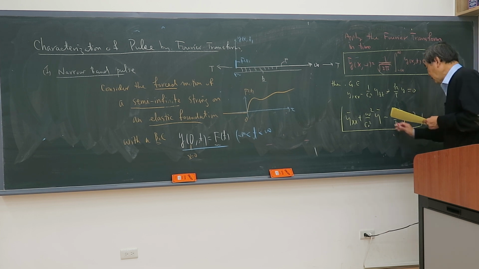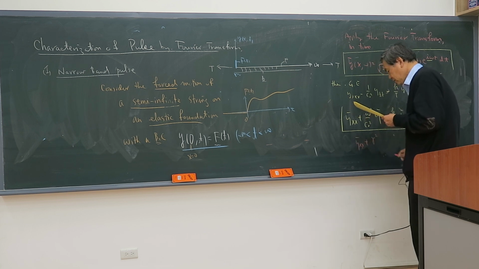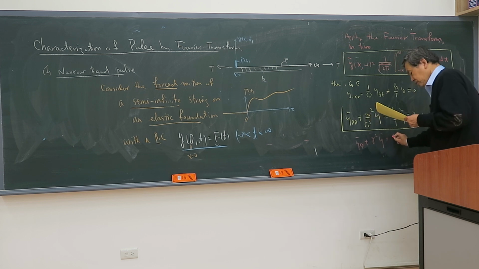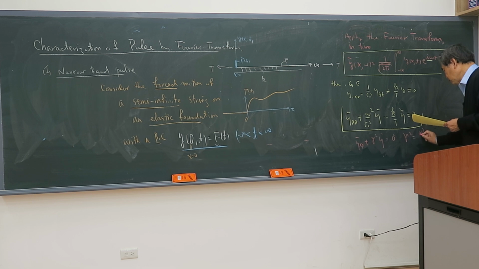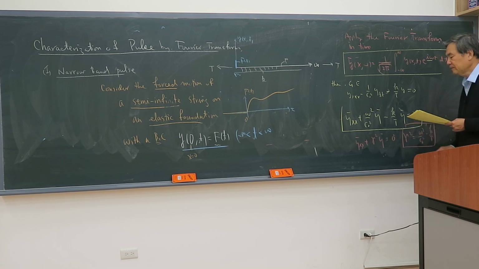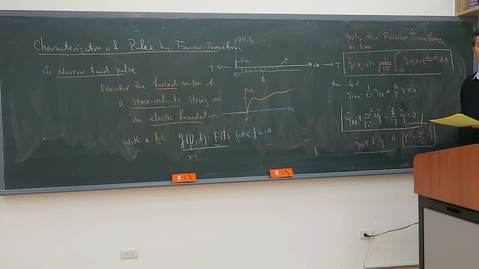Then I rearrange this to y bar_xx plus gamma squared y bar equal to 0, where gamma squared equals omega squared over c0 squared minus k over T. Okay? So I have to solve this ODE.